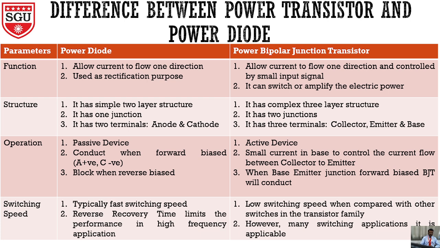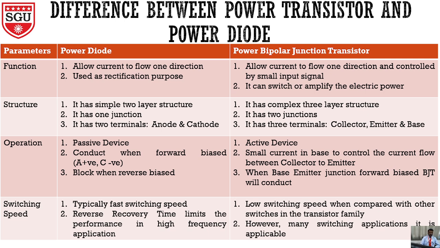Then as far as the structure is concerned, the power diode has a simple two-layer structure. At the same time, the power bipolar junction transistor has a complex three-layer structure. Why is it complex when compared with the power diode? As it has three layers, the complexity is more. That is the reason why the power bipolar junction transistor has the complex structure.